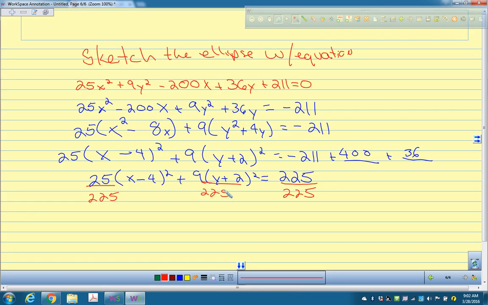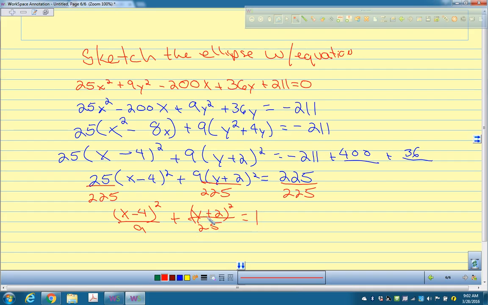So you get x minus 4 squared over 25, plus, how many times does 9 go into 225? 25 times, plus y plus 2 squared over 25 equals 1.